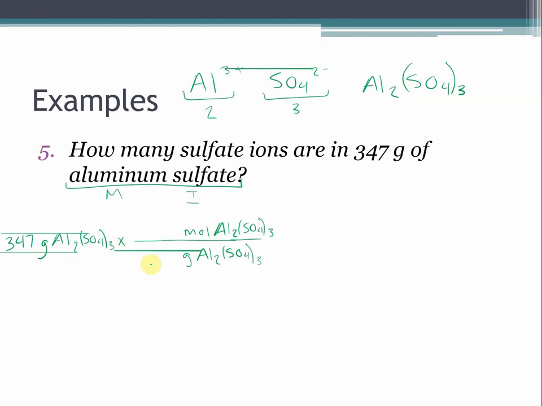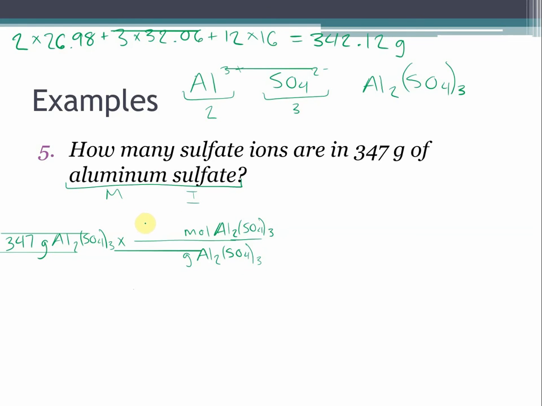To fill in a grams and moles conversion, you need the molar mass. When you add together 2 aluminums, which each have a mass of 26.98, plus 3 sulfurs, which each have a mass of 32.06, plus 12 oxygens, which each have a mass of 16, when you add that all together, you should get 342.12 grams.